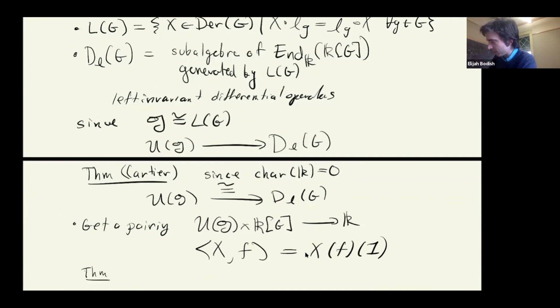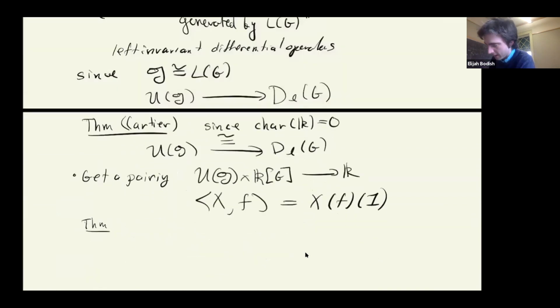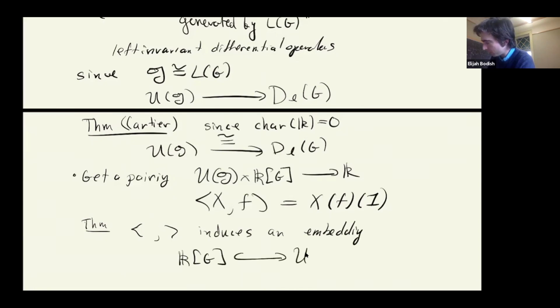I'm saying this is a theorem. I don't know if this qualifies or not, but I'm just stating it that way, that this actually gives us an embedding from K[G] into U(g) dual.